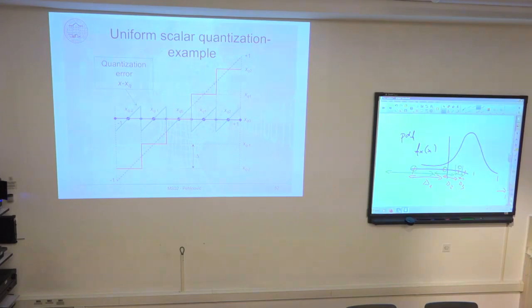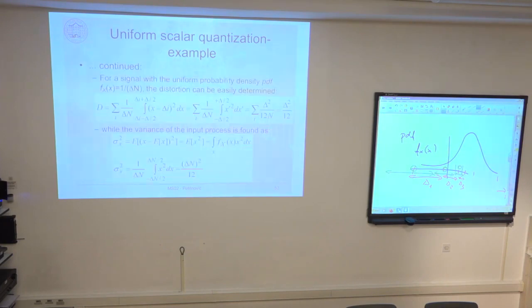And we will do it exactly this way. I will compute the expected variance of the quantization error based on the PDF of the input process. So I will start from f_X(x), and I will compute the distortion D as the expected value of e squared, the error squared.